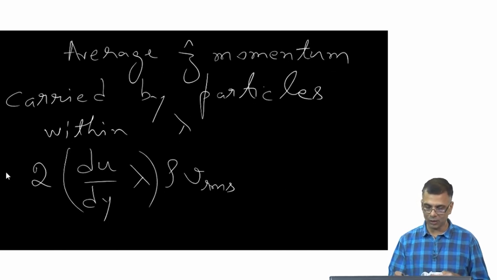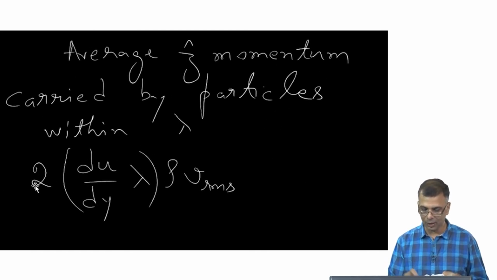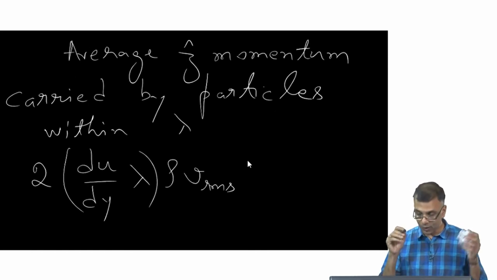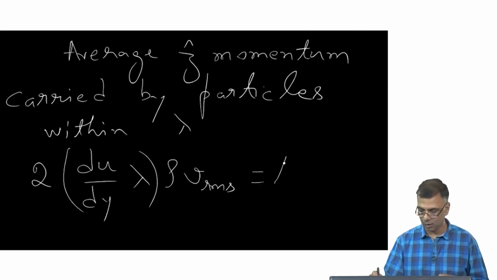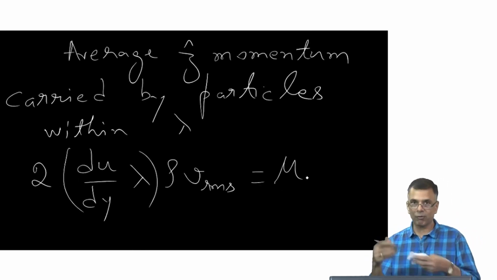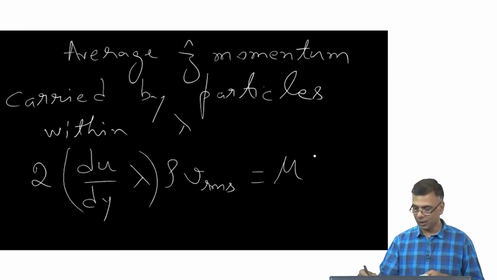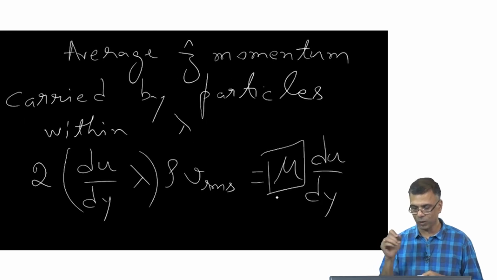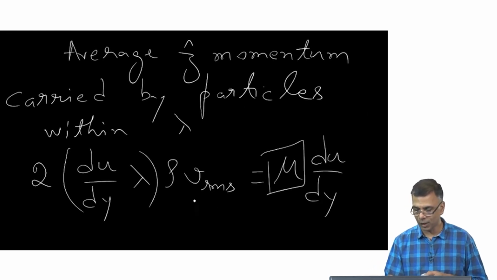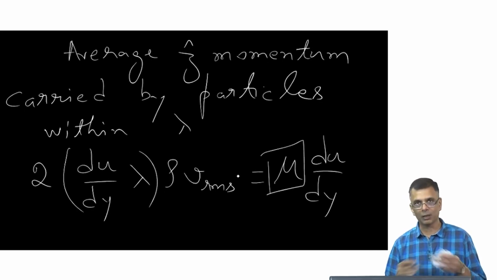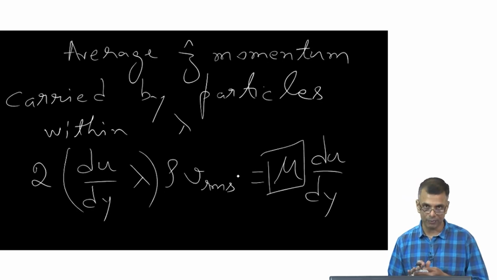The average z momentum carried by particles within one mean free path is this, and this is the net particle flux. And the shear stress by definition is equal to this, which is how the mu is derived from the microscopics, and this is equal to mu du dy. So this is how you derive mu from the microscopics, from things like the RMS velocity of the particles that constitute the fluid. Okay.